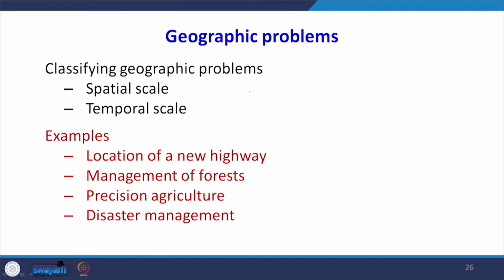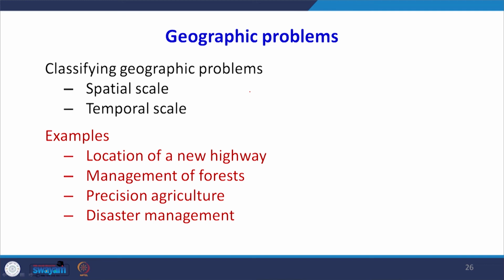For example, they say that a particular area A requires better roads, more number of roads as compared to area B, or temporal, it could be a temporal scale also, that we can monitor the area at different times of the year and then we can identify which are the problematic areas. So, geographical problems could have two natures, the spatial and the temporal.